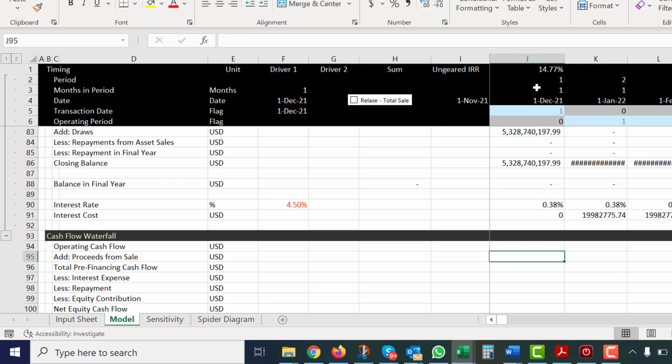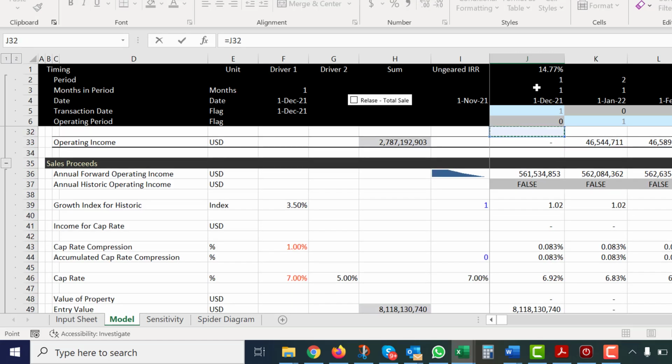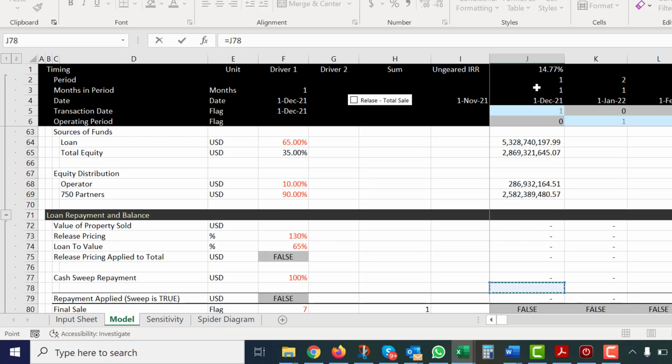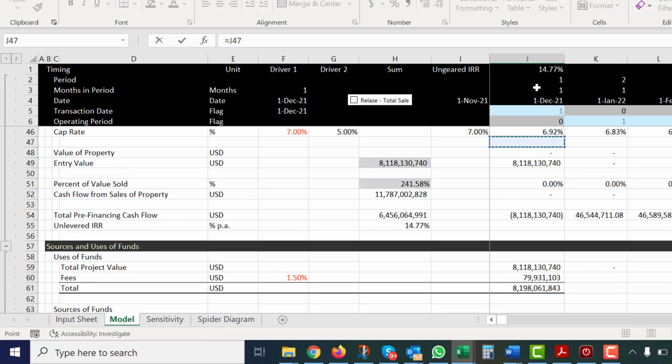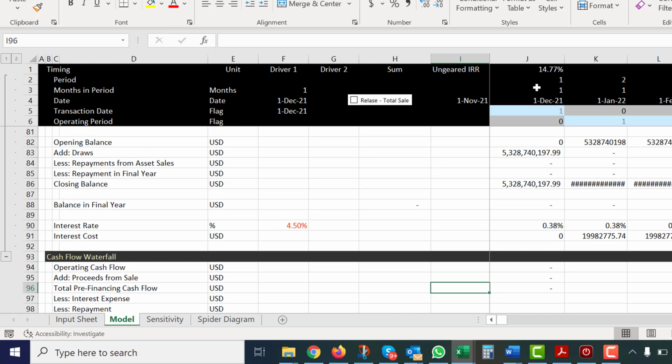And then let's take our operating cash flow from our operating income. And after we have the operating income, let's get the proceeds we have from the sale here.